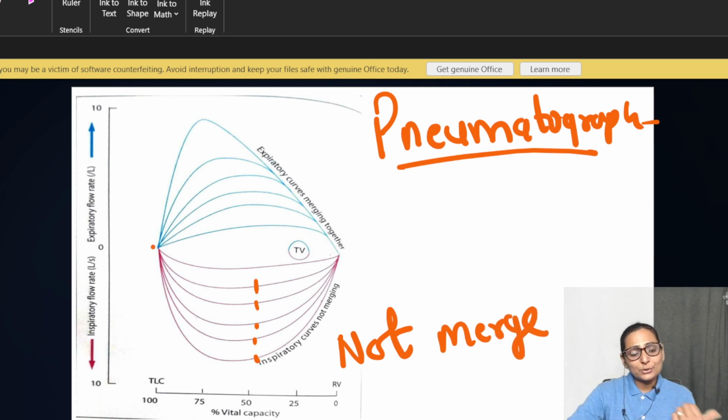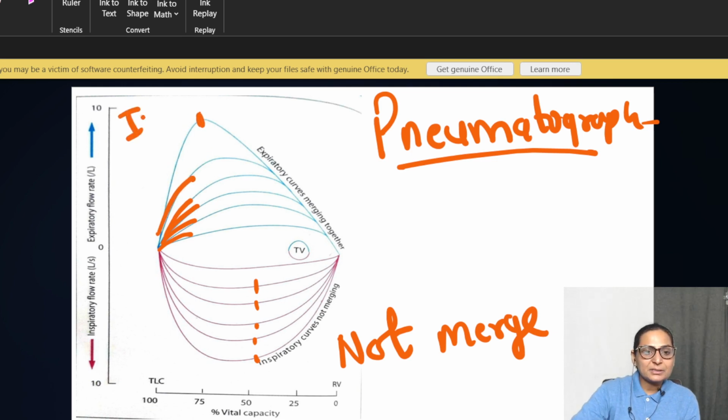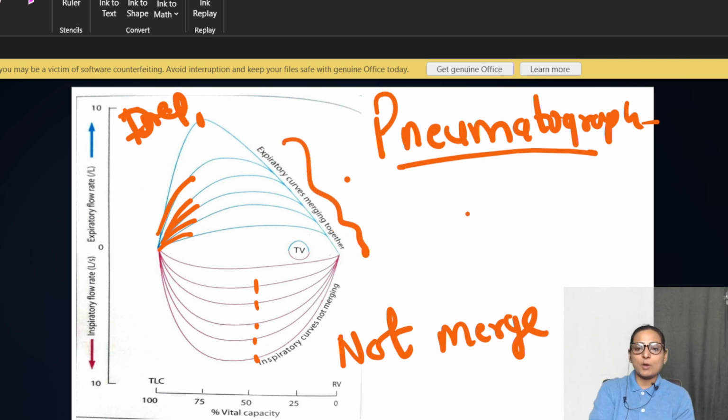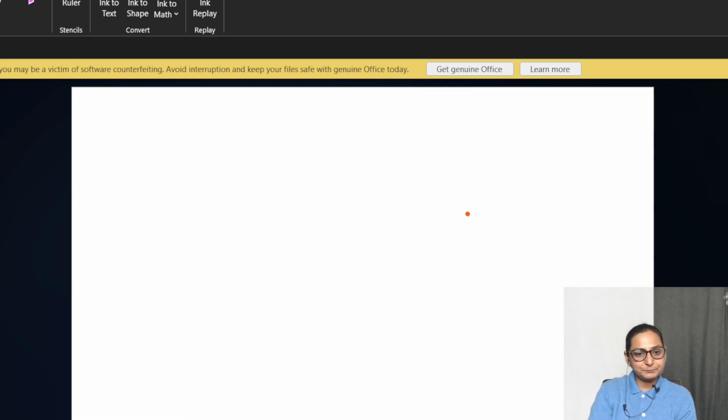On the contrary, when you consider the expiratory curves, you will see that there is a distinct expiratory curve up to a point where you reach your PEFR. That is effort dependent. The moment you come to the effort independent portion, that means small airways and small amount of air, whatever may be the amount of effort, these curves are not distinct, they merge. So this is expressed in the form of a pneumotachograph.